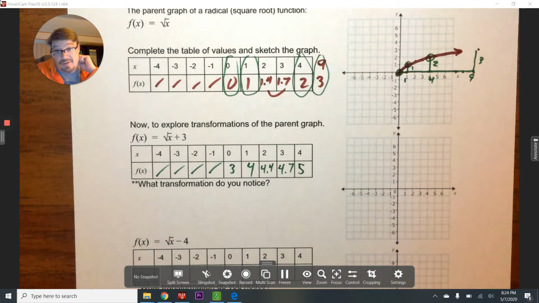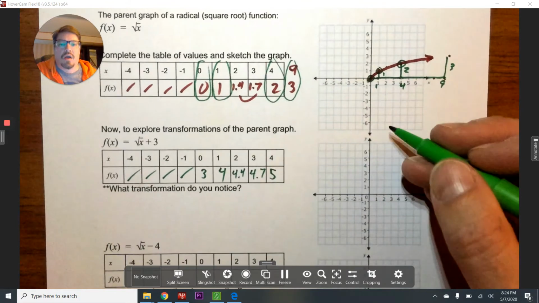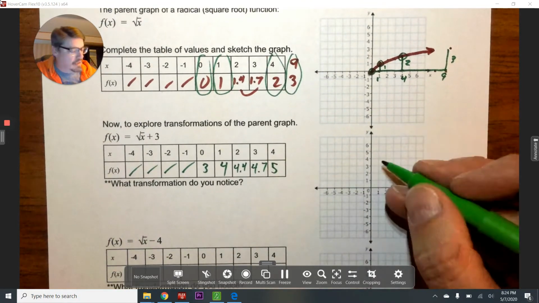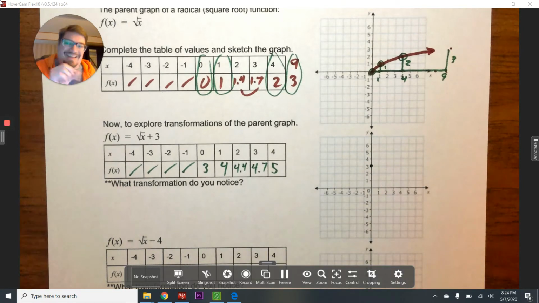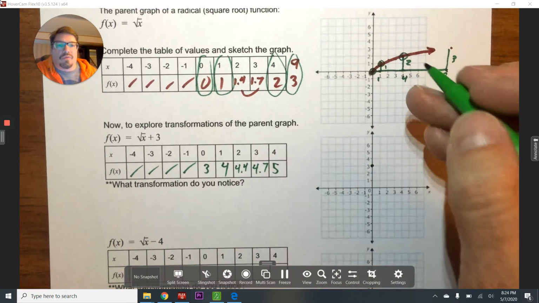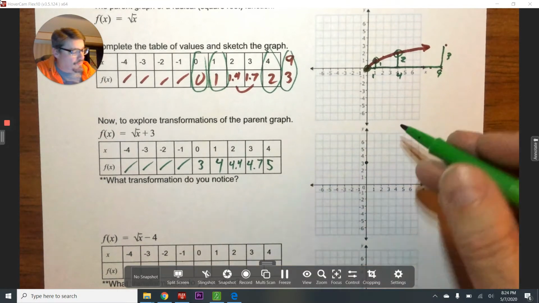So what happens, as you probably guessed, is that this whole parent function will just lift 3 units. So I went from 0 to 3, and now, without even a table, I can recreate this pattern because this is just a simple vertical lift. All right. So I have a 1.